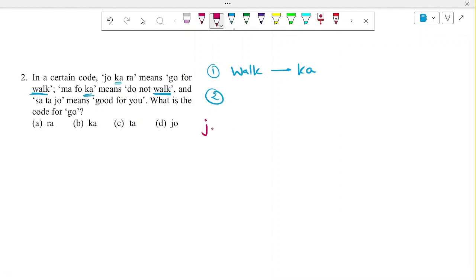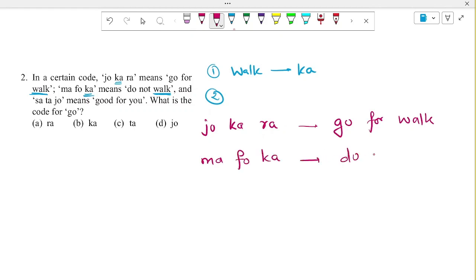We'll rewrite this. I'll tell you how we will represent it. Sometimes it will be a bit confusing whenever you are trying to solve without rewriting it. Go for walk. Okay. And then ma, fo, ka, do not walk.